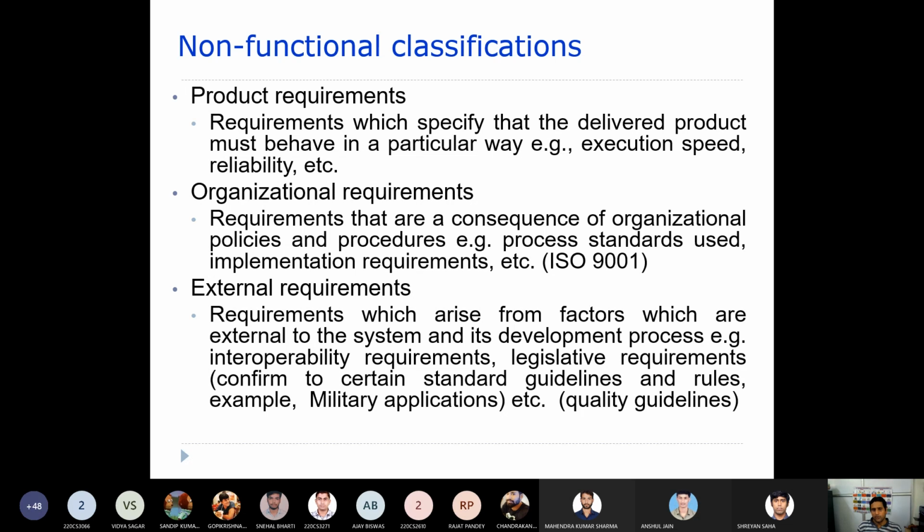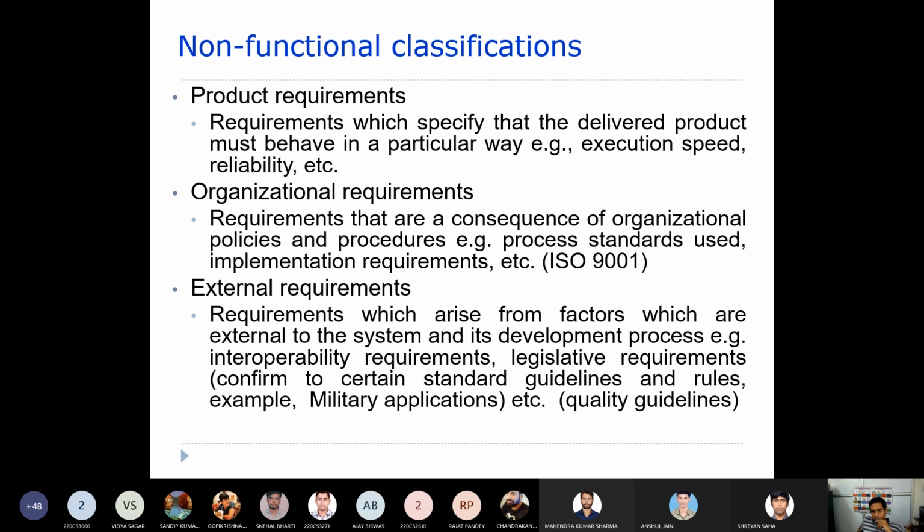Examples are interoperability requirements and legislative requirements, conforming to certain standards, guidelines, and rules, for instance in the case of military applications, or quality guidelines.